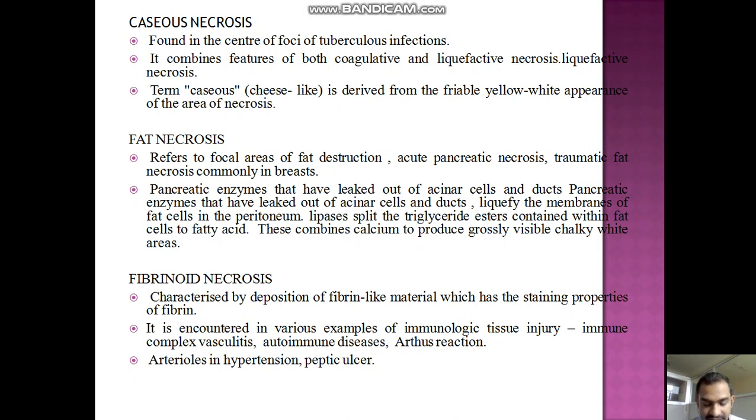This initiates inflammatory responses in the surrounding tissue, which attract leukocytes and nearby phagocytes, which eliminate the dead cells by phagocytosis.